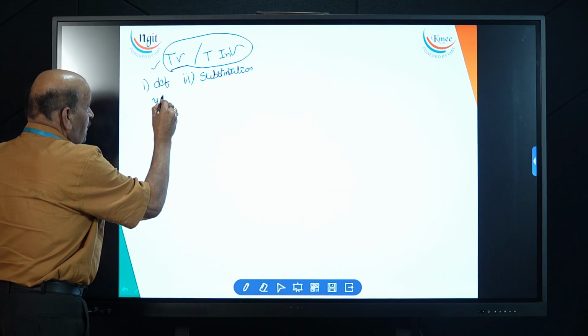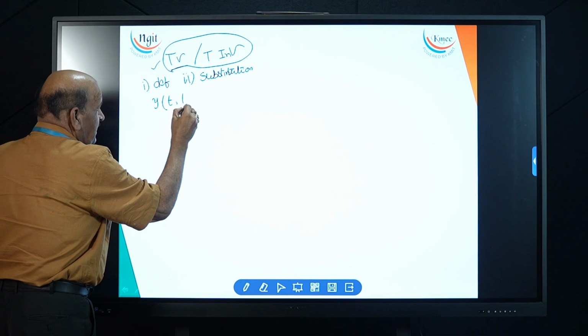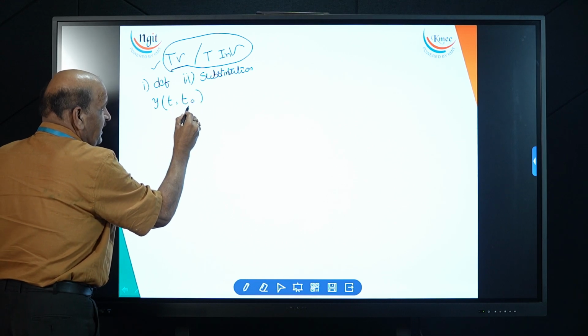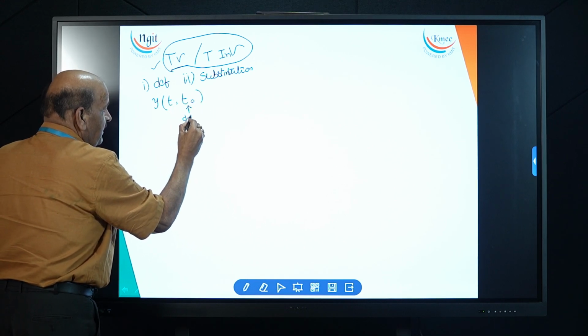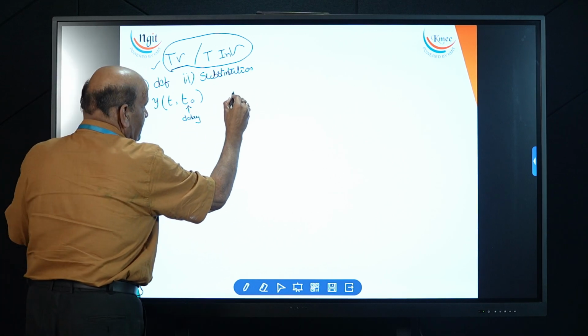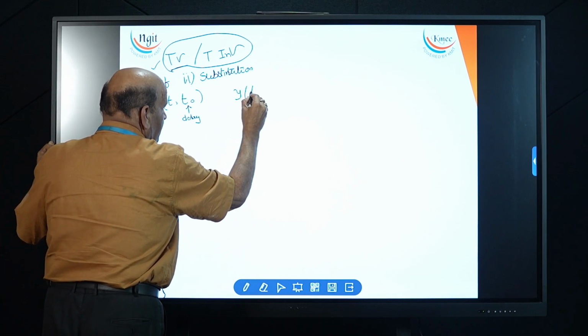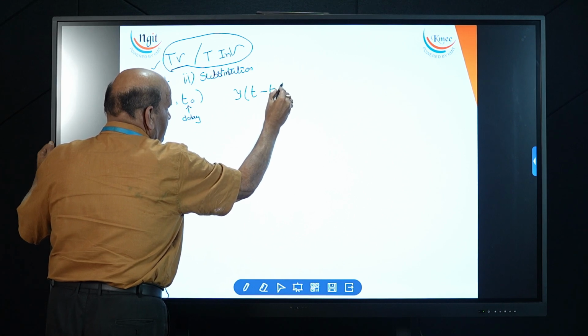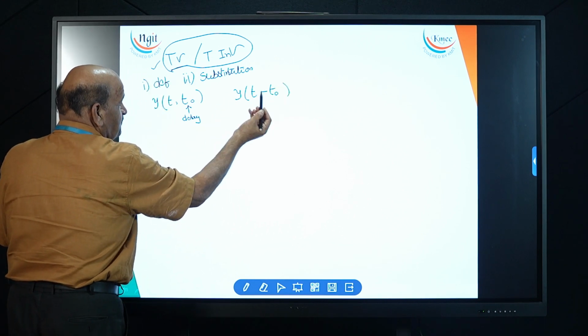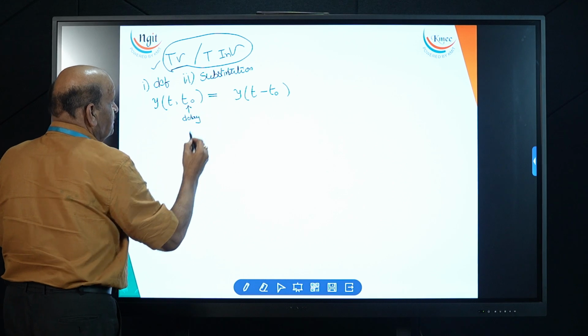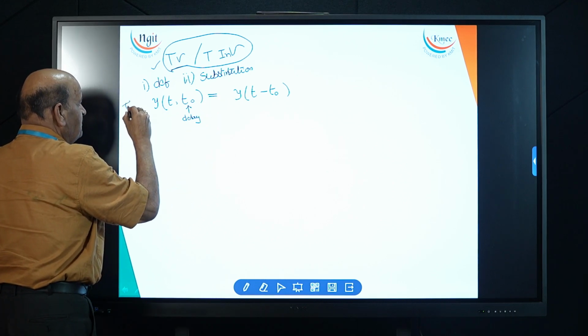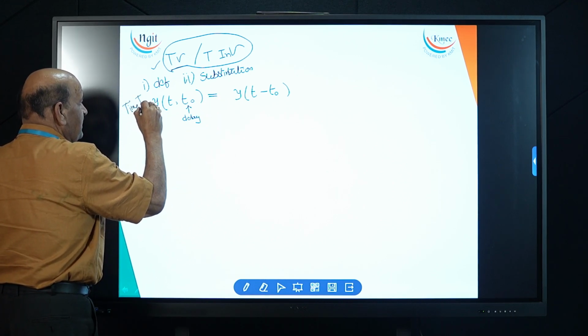We introduce a time delay. What do we have to get? y of t minus t naught, because delay means negative. If this is equal to y of t comma t naught, this is called time invariant.